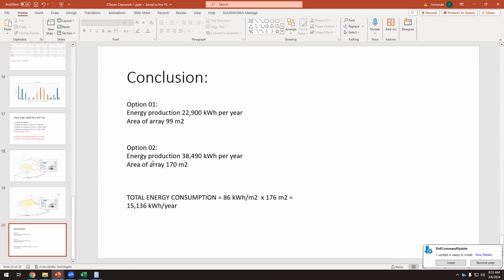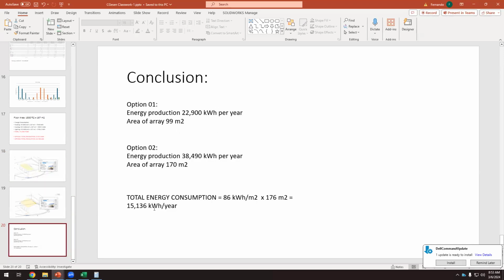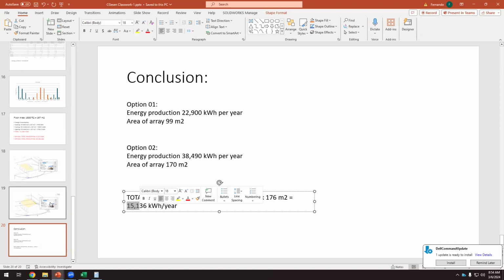With the PV array, we can even offer our client a different option. What if I just produce something very similar to the energy consumption, something around 15,000? So I have to reduce the PV array, and I can do that. So how much does it cost for a PV array that produces only 15,000 kilowatt hours per year?